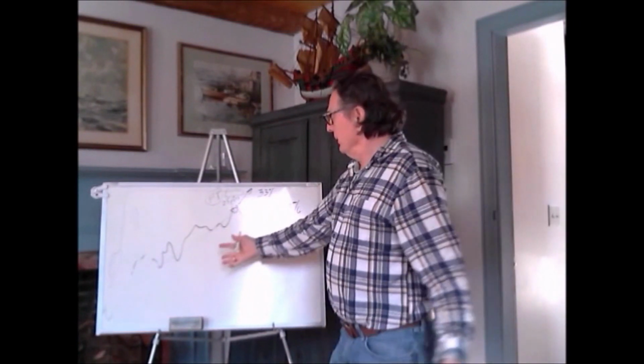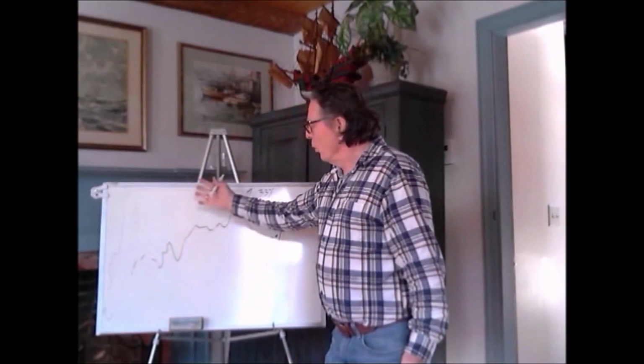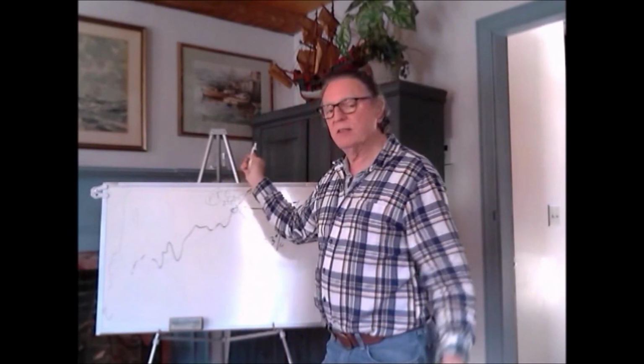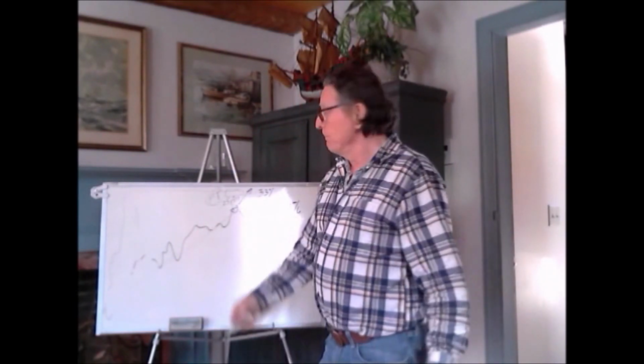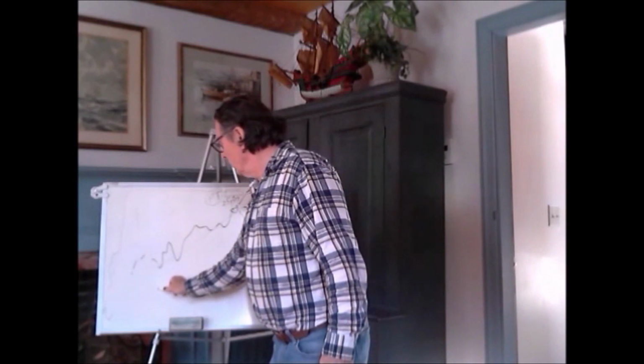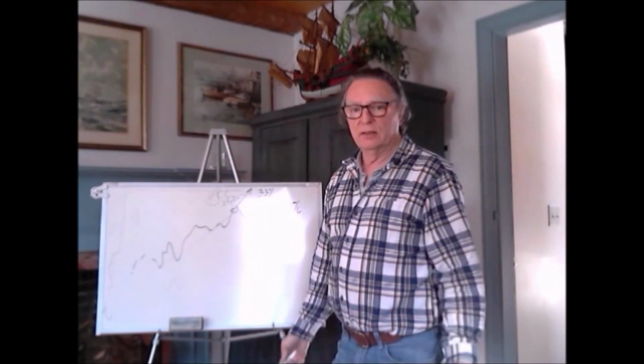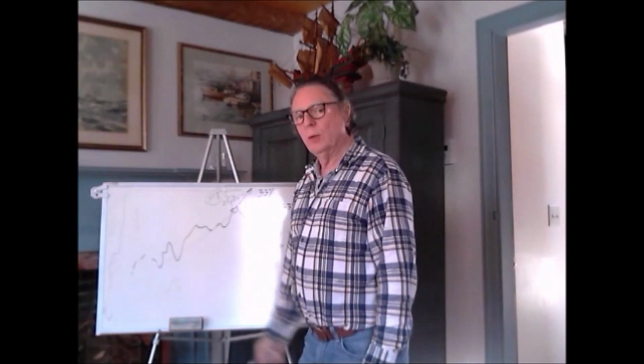Well, let's look at the probability of the wave fluctuations of this price stuff that's been going on. We all know about the sinusoidal waves that are in science. It's a sine wave.